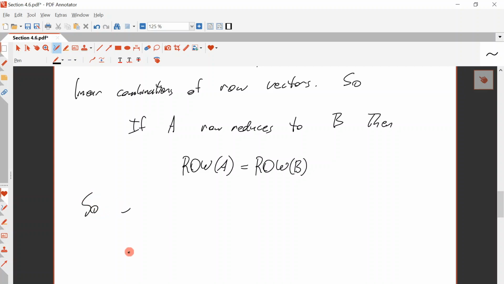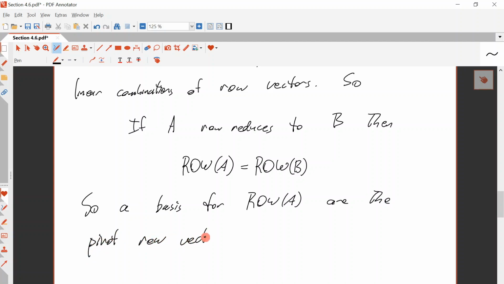So a basis for the row space of A are the pivot row vectors of B, because those are clearly a basis for the row space of B. So that's a little different than with the column space.